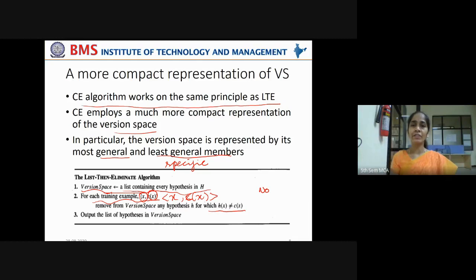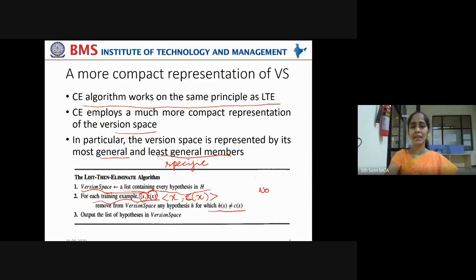It is not interested in the instances where the target label is no. That is why whenever a no is encountered, that entire hypothesis which explains the training example's attribute combination has to be removed. That is how at each iteration you reduce the number of hypotheses in the hypothesis space.